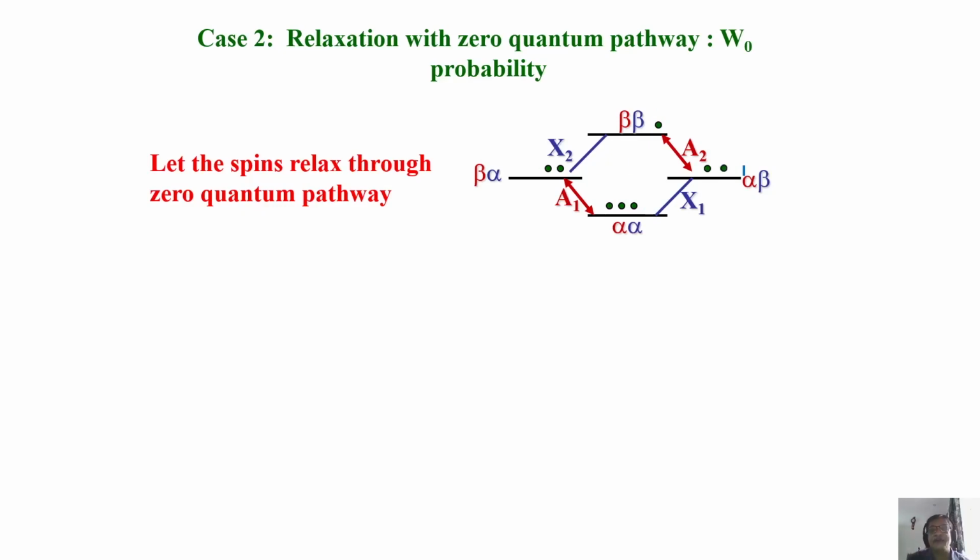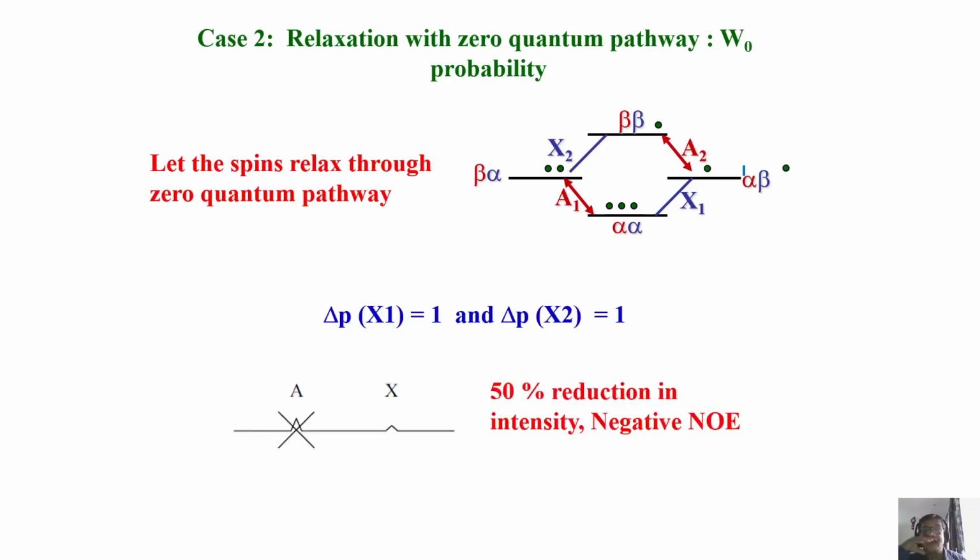Let us see what happens if this spin goes like this. Now find out the intensity pattern for X. When this is saturated, when this became equal, the zero quantum relaxation pathway occurred, and the X spin which was saturated here came through the zero quantum pathway and came here.